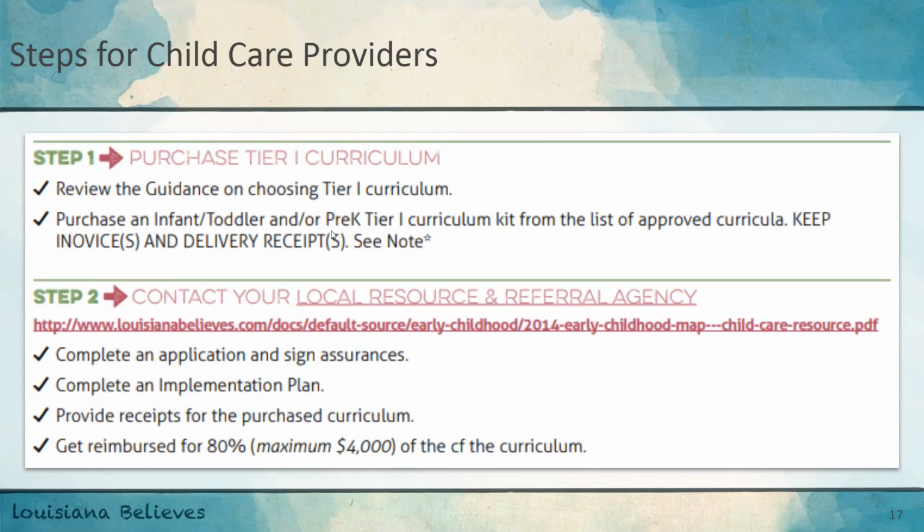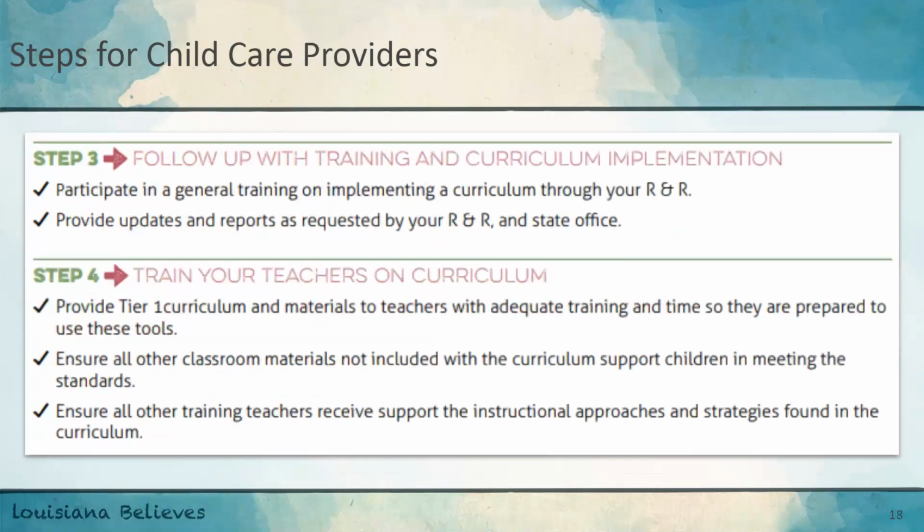They will get reimbursed 80%, maximum of $4,000 of the purchase after approval by the department. But child care providers should also make sure that they are following up with training for curriculum implementation. They should have their teachers participate in a general training on implementing the curriculum and provide updates and reports as requested by the CCR&R or by the department.